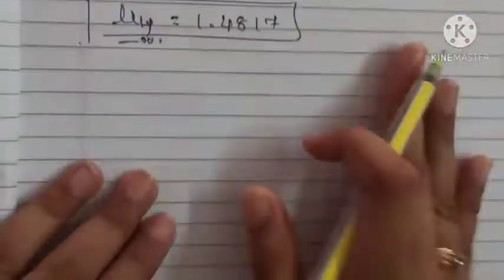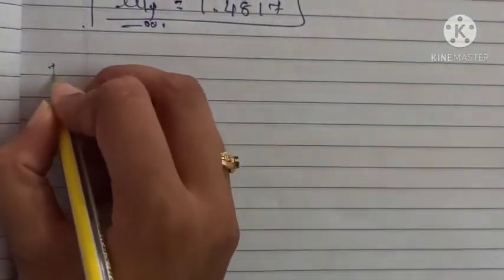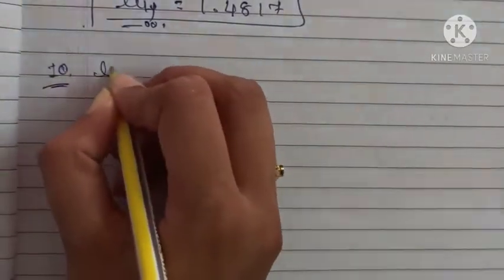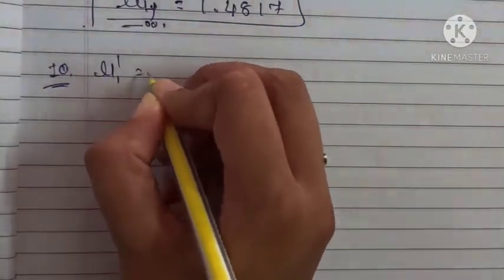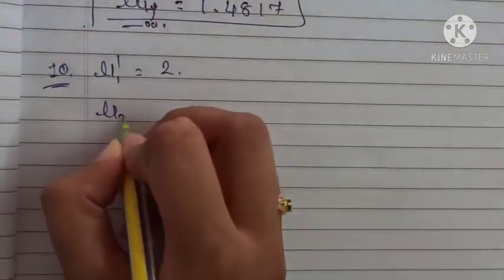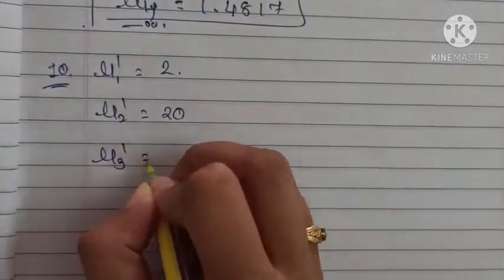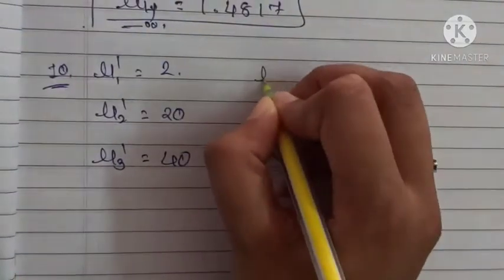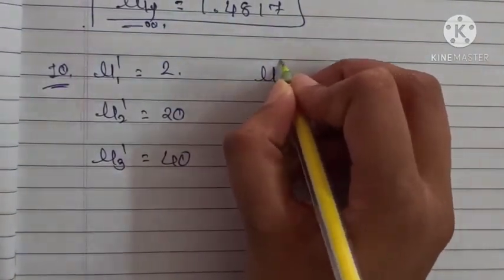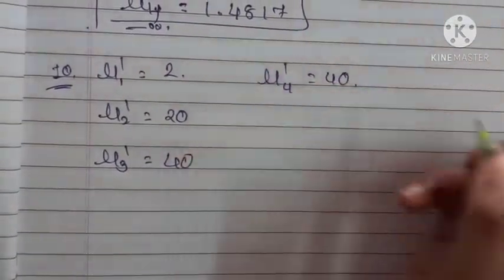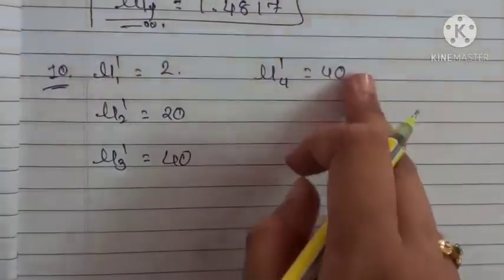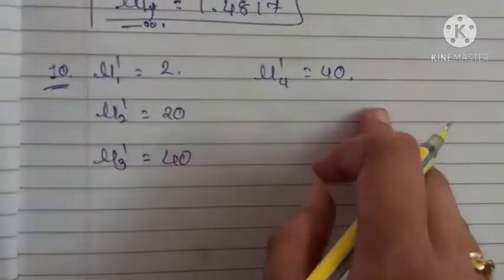So the raw moments are given and we have to find beta 1 and beta 2.